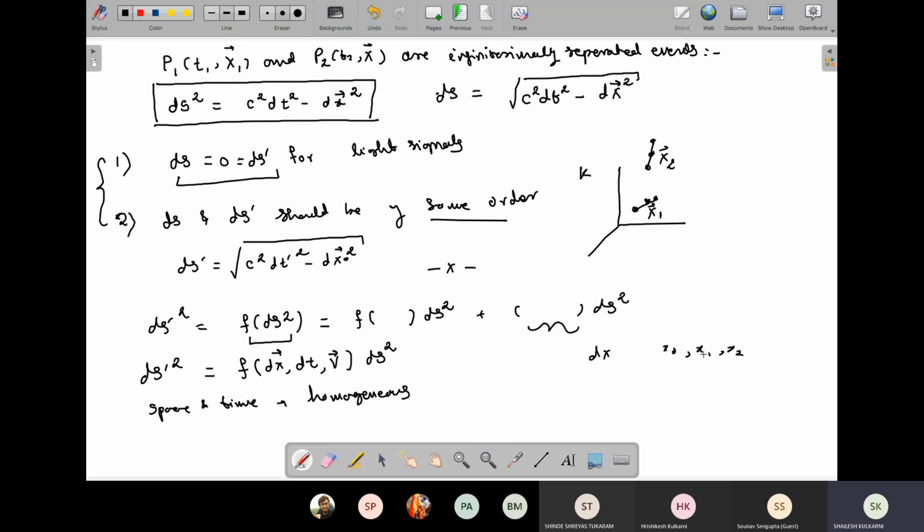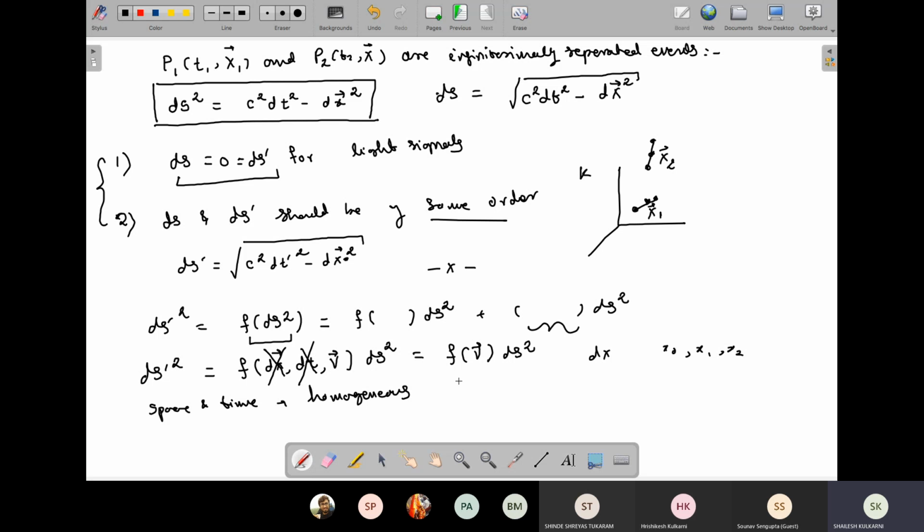So your interval should not depend on where you are measuring these two events. This means this function should not depend on dx and dt; it may depend on velocity only. Is it clear?